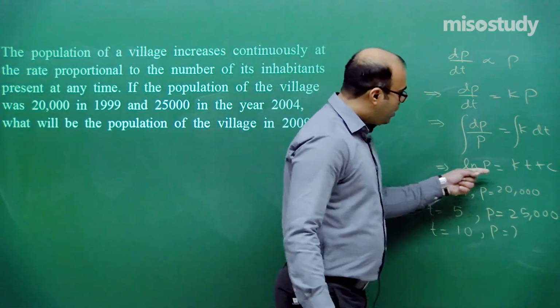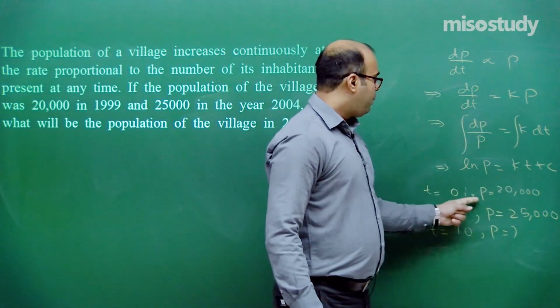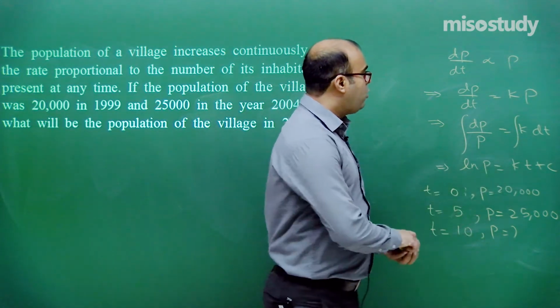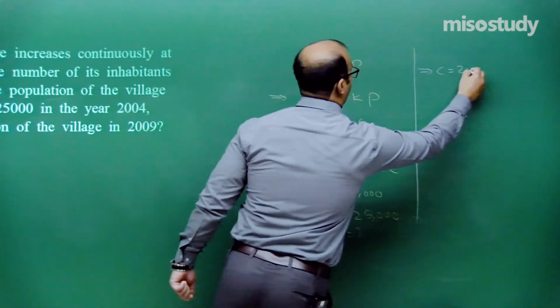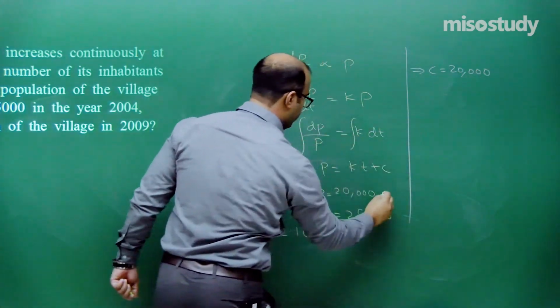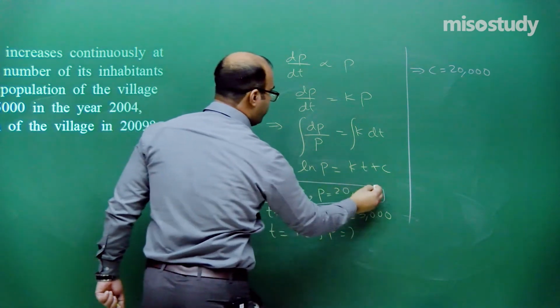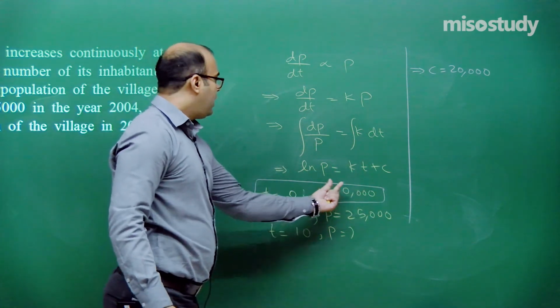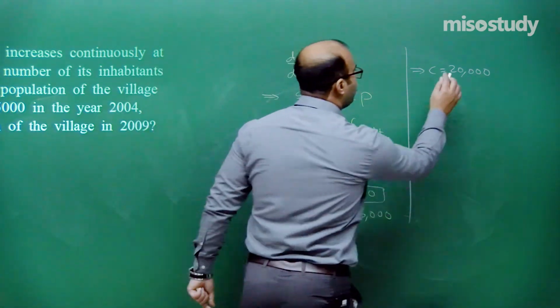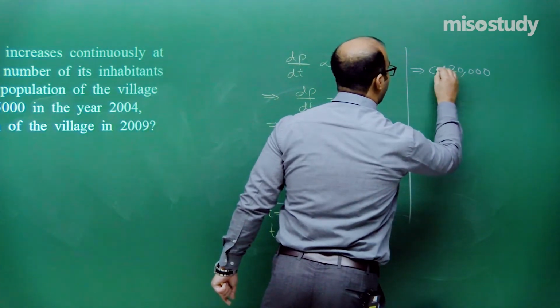So when we put t equal to 0 here and P is 20,000, the value of C will come out to be... this first condition helps us to determine the value of C. P is 20,000 and t is equal to 0, so C is log of 20,000 actually, there is a log over there.